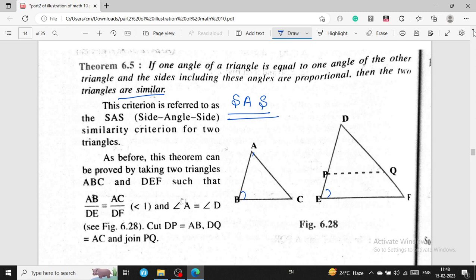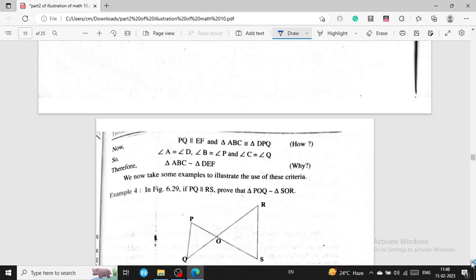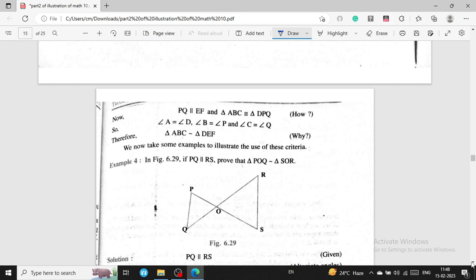For this, we will take the same diagram ABC and DEF, in which PQ will be parallel to EF, and DP over PQ, DQ over QF. Now, the same will be used, but you can write here, if PQ is parallel to EF, then triangle ABC is congruent to triangle DPQ.